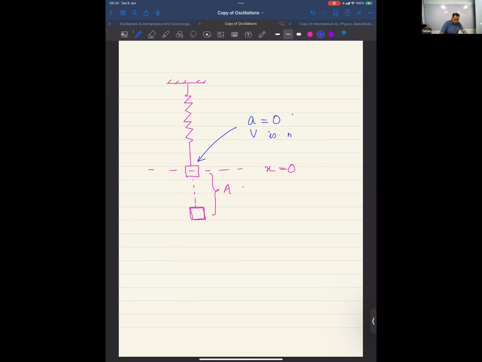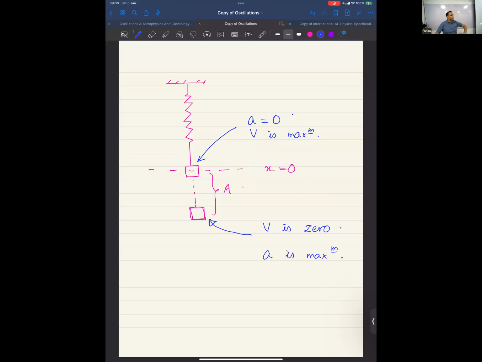Velocity is maximum. Correct? At the amplitude, velocity is 0. Acceleration is maximum. That's what we have written.